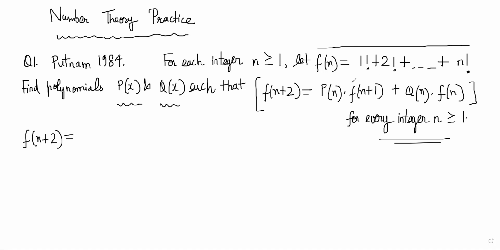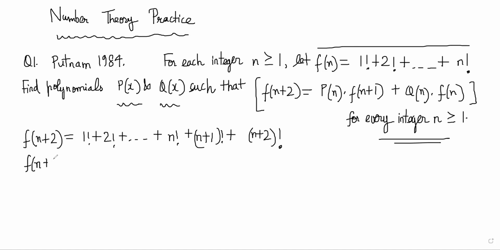F of n plus 2 is obviously 1 factorial plus 2 factorial, up to n factorial plus n plus 1 factorial plus n plus 2 factorial, right? Correct. And what is f of n plus 1? F of n plus 1 is basically 1 factorial till n factorial plus n plus 1 factorial, right?